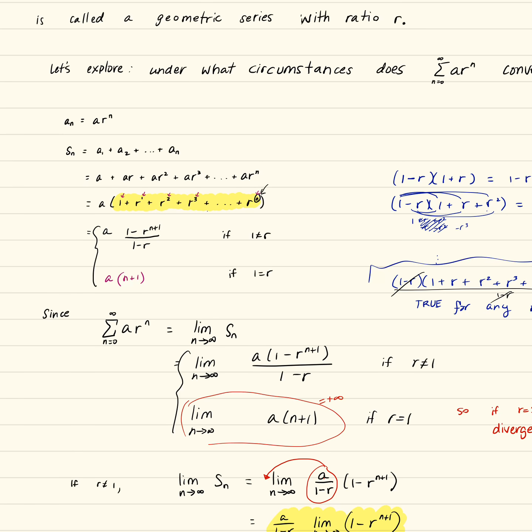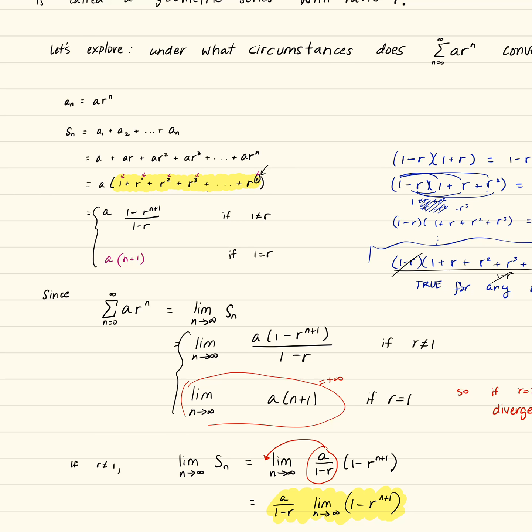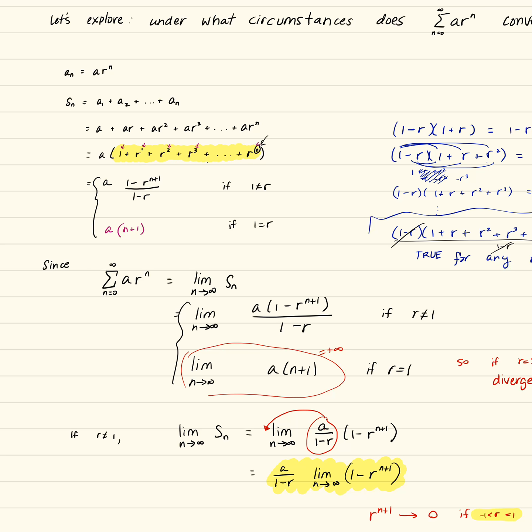So this is the pattern. If we had 1 minus r times 1 plus r plus r squared plus r cubed, we would get 1 minus r to the fourth power, right? So the formula is 1 minus r times 1 plus r plus r squared plus r cubed all the way up to r to the n minus 1 is equal to 1 minus r to the n.